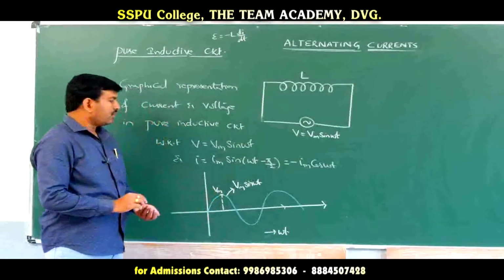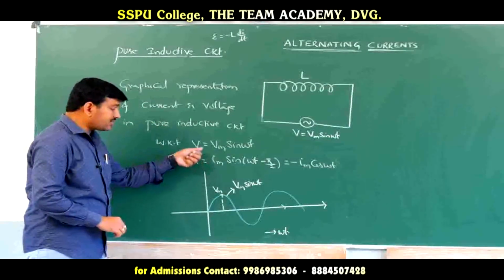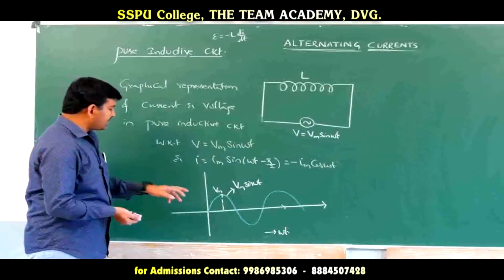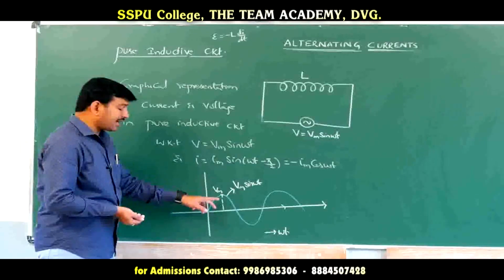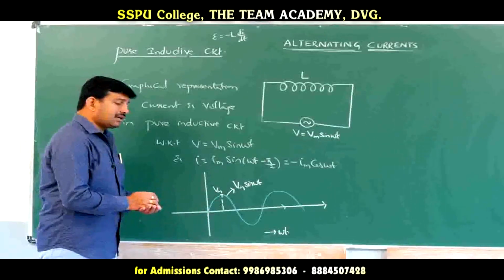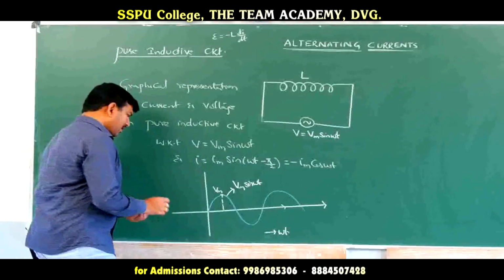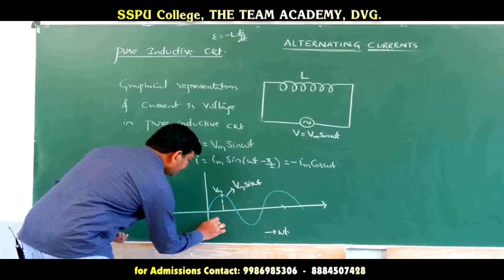Now, what about the current? The current is lagging, or the voltage is leading, by how much? 90 degrees. That means when the voltage is 0, the current must be maximum, and when the voltage is maximum, the current should be minimum. But it is lagging by 90 degrees, therefore the graph will be like this.